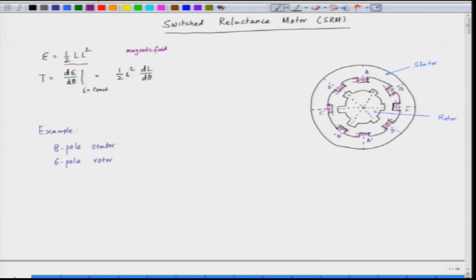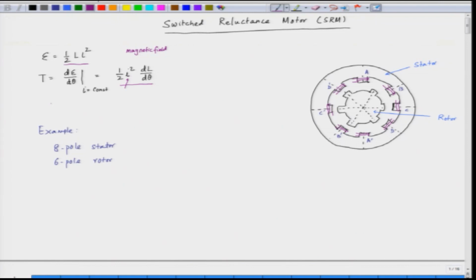So, if you have to optimize the torque, what we have to do is optimize this expression. Now, how do I optimize this? We optimize this by switching the current i at the positive dL by d theta, so that the torque is always positive, because the current is i square. It does not matter whether the current is positive or negative, the torque is always positive. However, the torque depends on dL by d theta, which could be positive or negative.